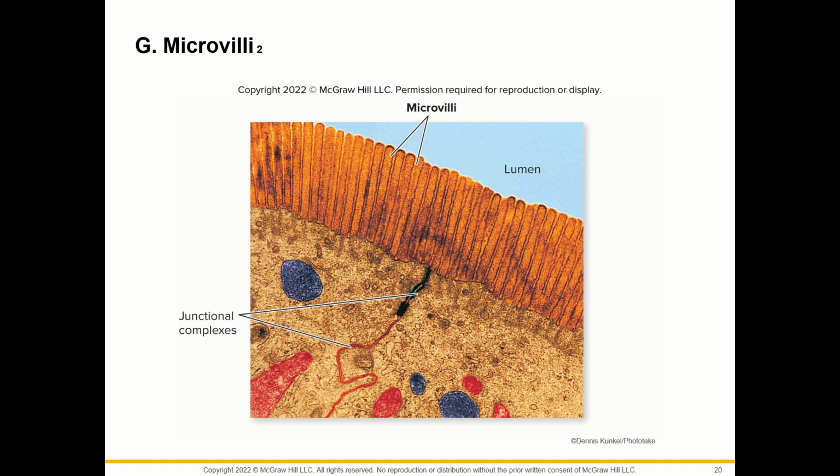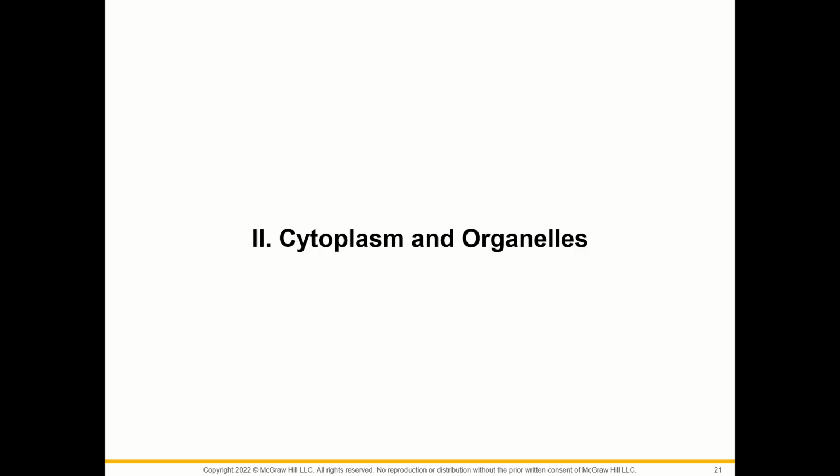These are images I've never seen before. And so the microvilli are seen in this colored electron micrograph, which shows two adjacent cells joined together by junctional complexes. And this is important because we do not want anything to leak out of our intestinal cells. You've heard of leaky gut. So we do not want to compromise these junctional complexes.